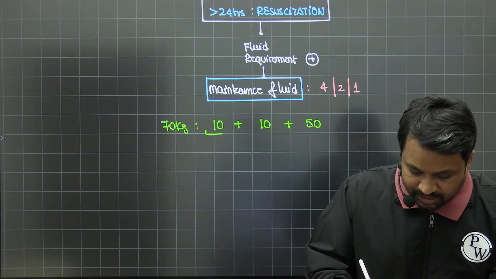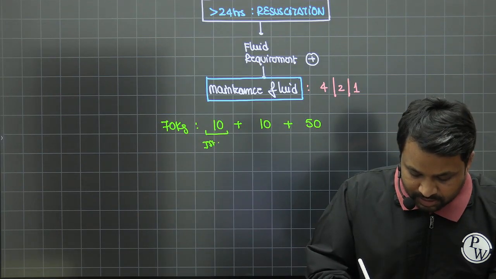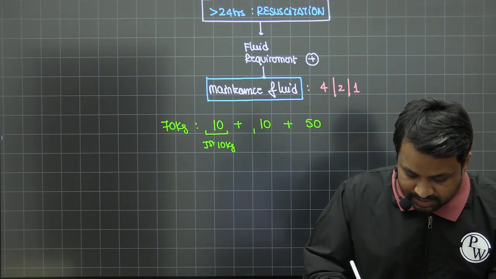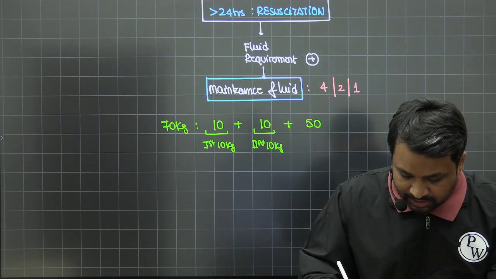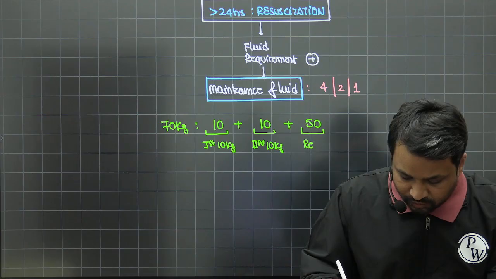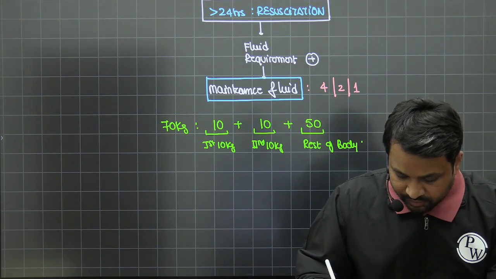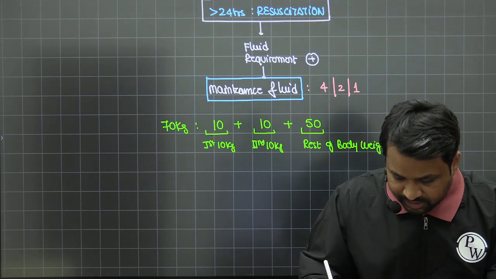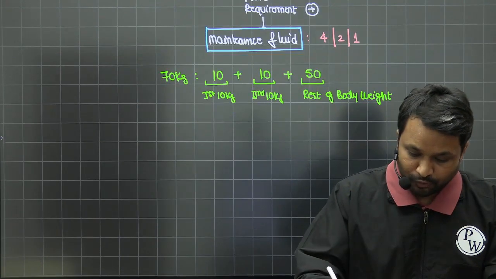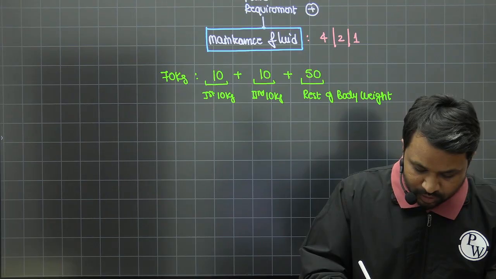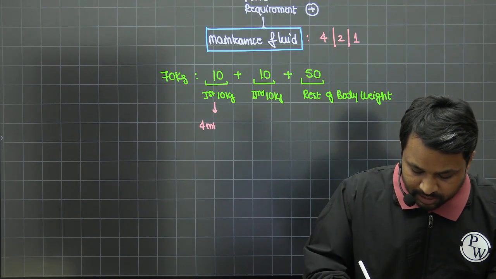So this is the first 10 kilograms. This is the second 10 kilograms in the body weight, and this happens to be the rest of the body weight. Now the 4-2-1 rule says the first 10 kilograms should be given as 4 ml per kg.